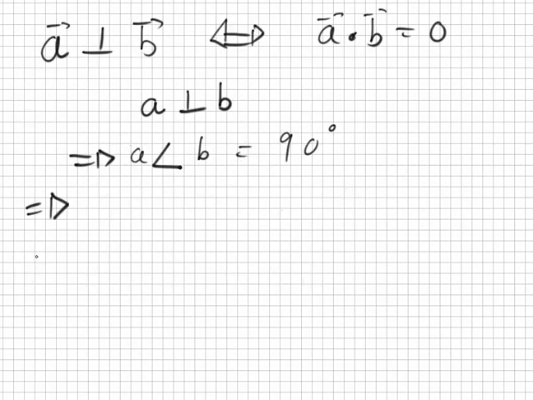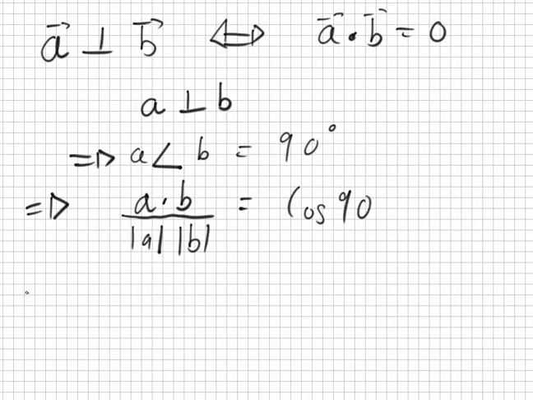What's the formula for the angle between two vectors? That's A dot B over magnitude A times magnitude B equals cos 90. But cos 90 is equal to 0, yeah? So we have this result.